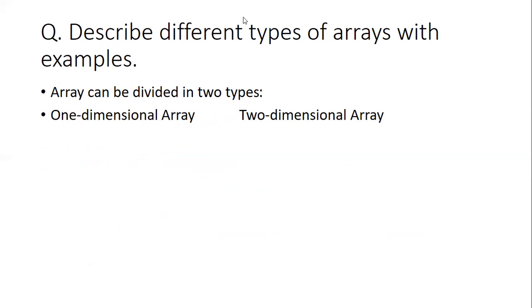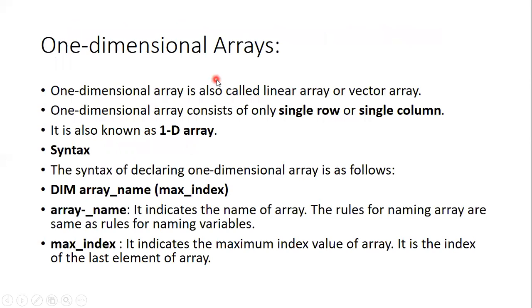Arrays जो हैं वो basically दो तरह की होती हैं: one dimensional and two dimensional array. Let's see what is the detail of one dimensional and what is the detail of two dimensional array and why they are known as one dimensional and two dimensional. One dimensional array is also called linear array or vector array. ठीक है?